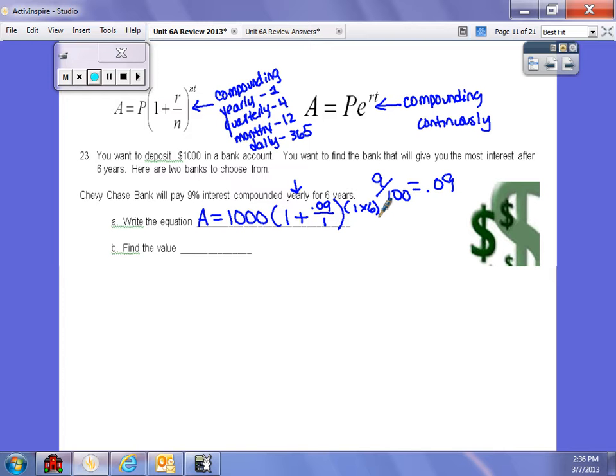I know in class I put to the 1 times x or the 1 times t, but you can write it like this, that's fine. So the value, once you put it all together, would give you $1,677.10.